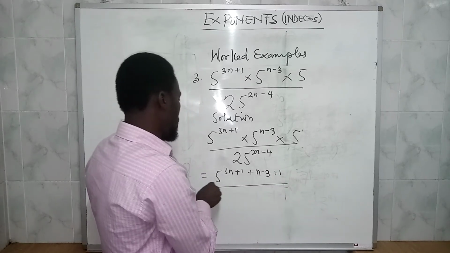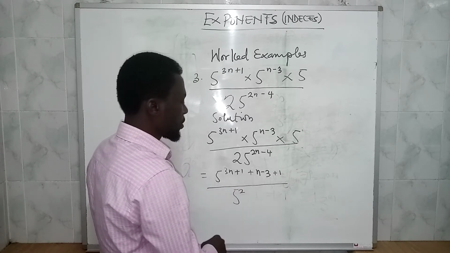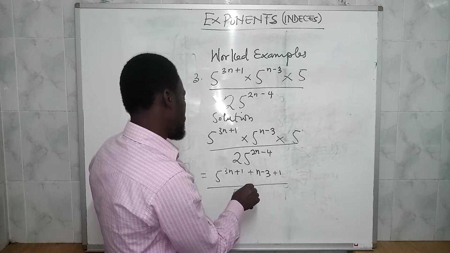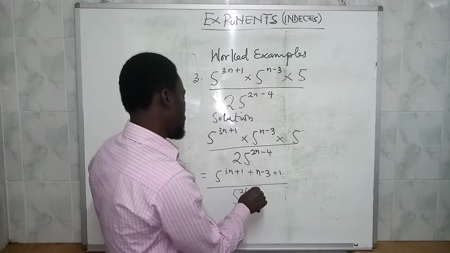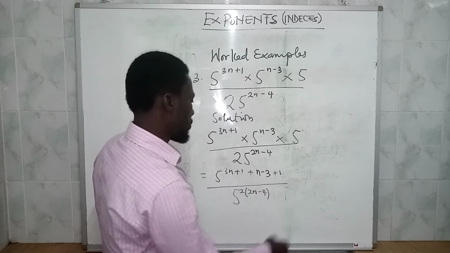All these over 25, which is the same as 5 raised to the power 2, all into brackets 2n minus 4. This is what we have.